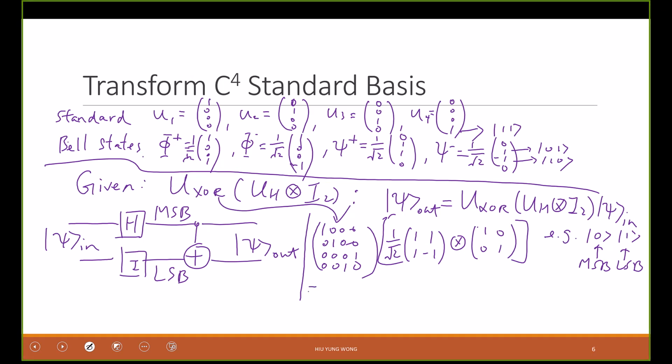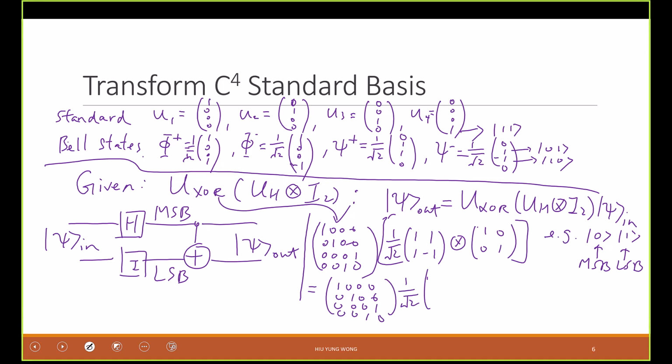So what is this? 1, 0, 0, 0, 0, 1, 0, 0, 0, 0, 0, 1, 0, 0, 1, 0, and 1 over square root 2, and then 1, 0, 0, 1, 1, 0, 0, 1, 1, 0, 0, 1, negative 1, 0, 0, negative 1. Can you follow? If you cannot follow, you won't pass the midterm. How do I do this tensor product?